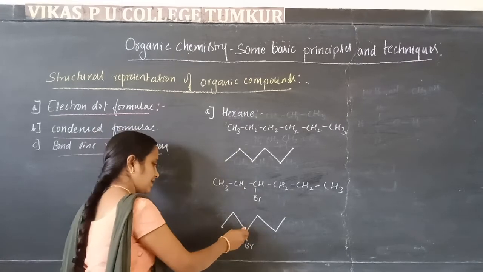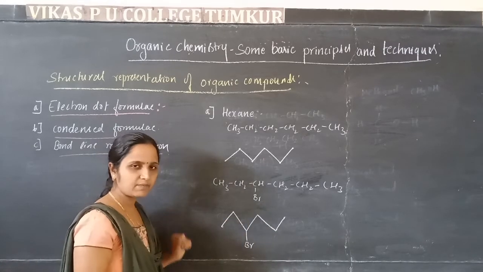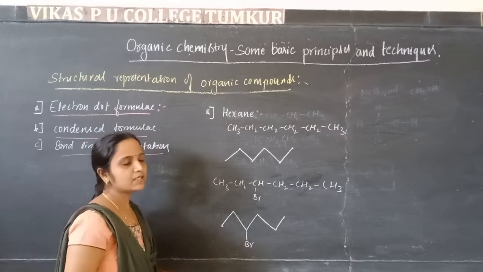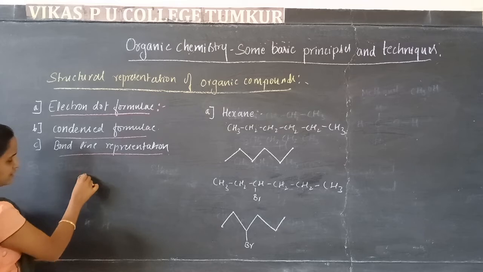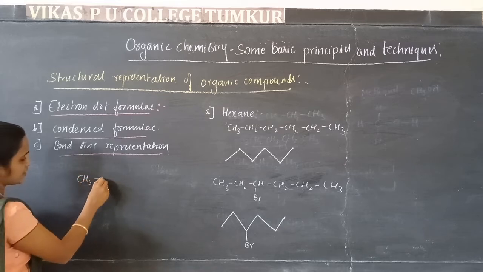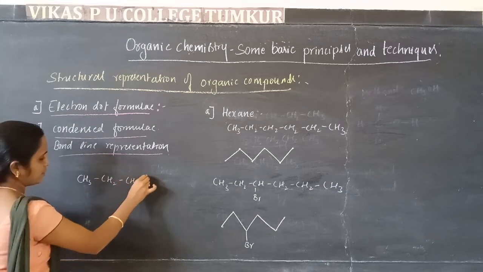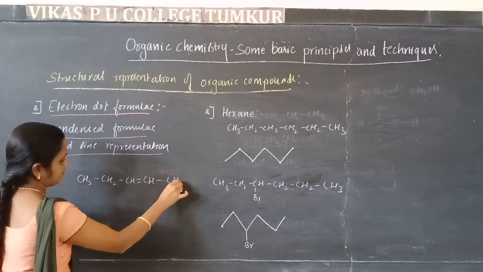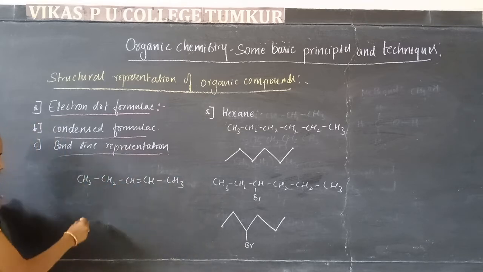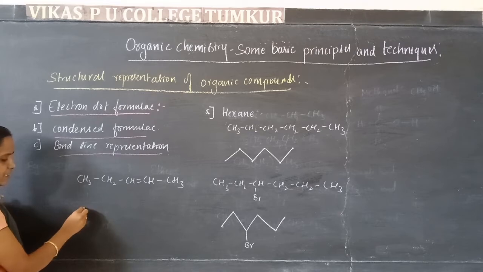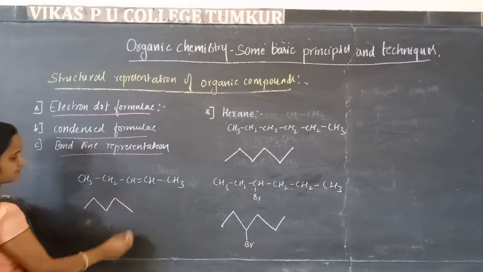Either you write it above this, no problem. You should draw the double bond and you should represent. Suppose another one. If it is consisting of the double bond, CH3, CH2, CH, double bond, CH, CH3. How many carbon atoms? 5. That we are going to write first: 1, 2, 3, 4, 5.